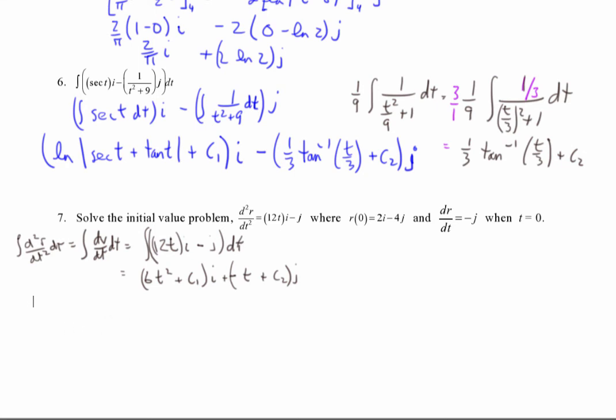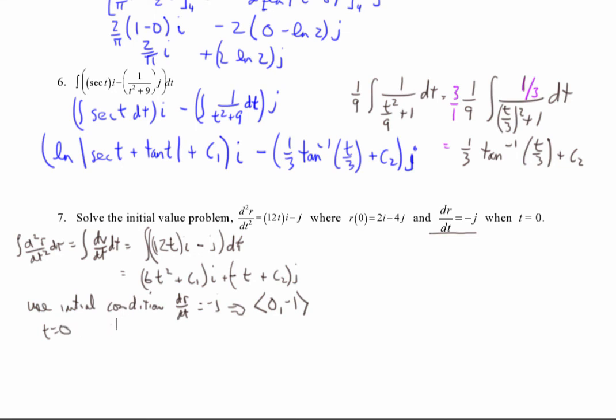Now we need to solve the initial value. Remember, we use the initial condition. What is that initial condition? We're told that dr dt equals negative j. So that's giving us the vector 0, -1. So plug it in, and we also know that t equals 0.